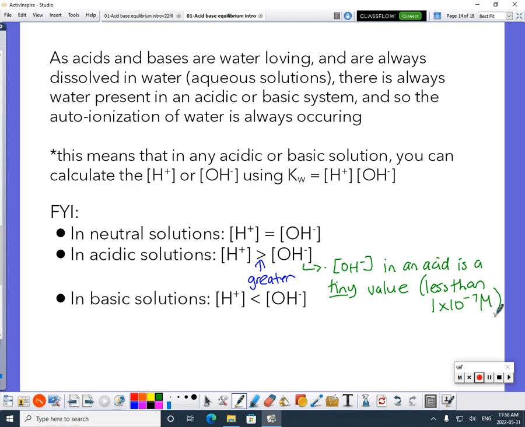And then the reverse would be true for a base. Now the hydrogen ion will be much, much less than hydroxide.